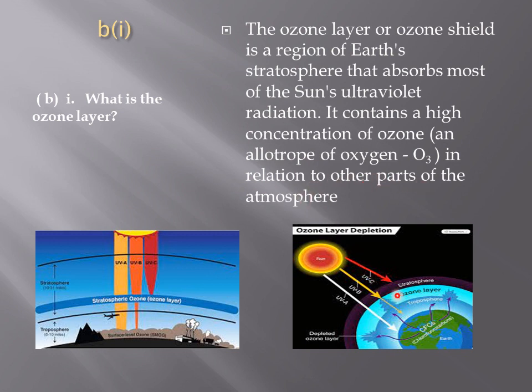It means that there are areas of the atmosphere where the concentration of ozone is high, and other areas where it is not high. This is the troposphere, this is the stratosphere, and above it you have the ionosphere. So why do we say in relation to other parts of the Earth's atmosphere? Because it is only around the stratosphere where we have the ozone.